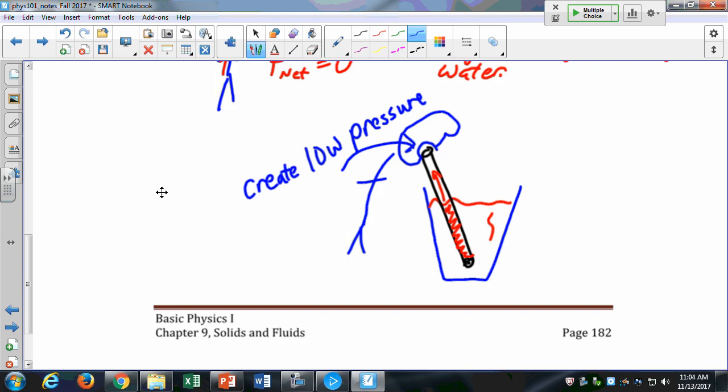And then you have the atmospheric pressure pushing down with a much larger pressure than you can ever create inside your mouth, 1 times 10 to the 5th pascals, and it pushes this fluid up into the straw and then into your mouth. So whenever you're using a straw, it's not really because of what you're doing in your mouth. I mean, that sort of is true, but really the driving factor is the atmospheric pressure.